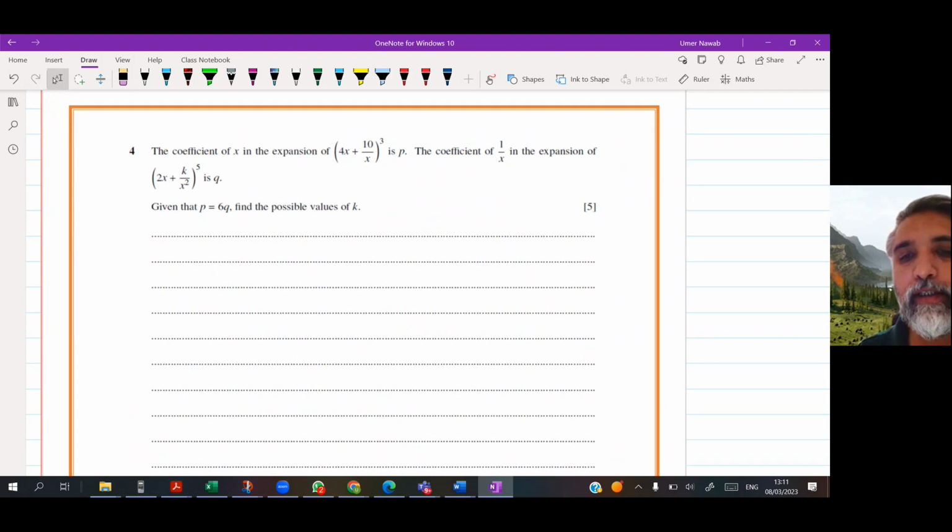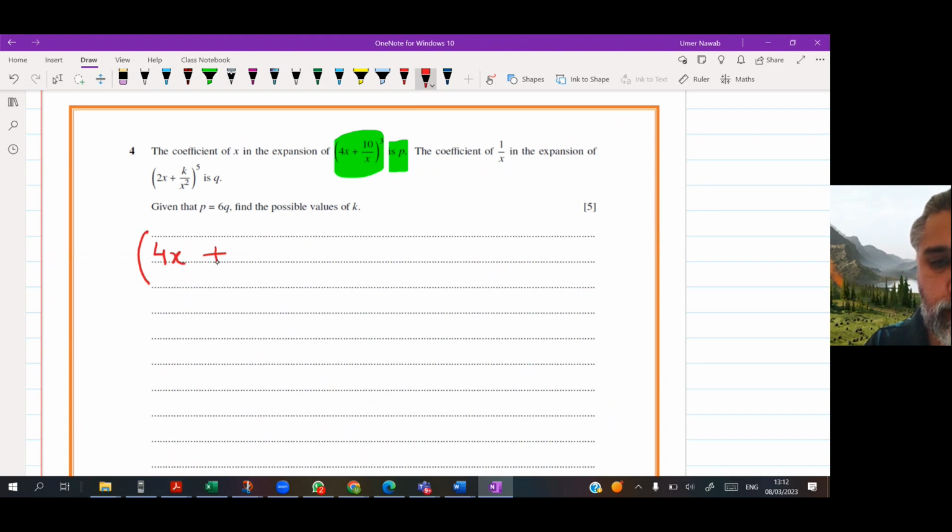The coefficient of x in the expansion of this is p. So (4x plus 10x to the power minus 1) raised to power 3.